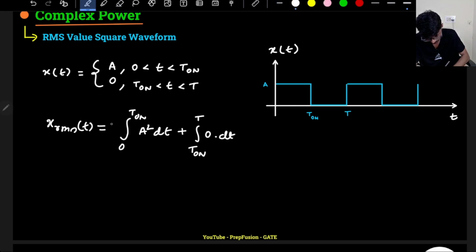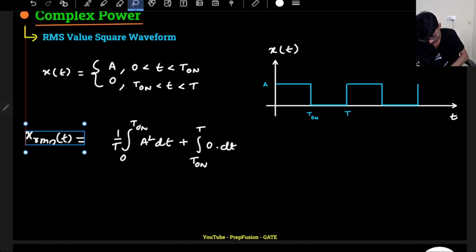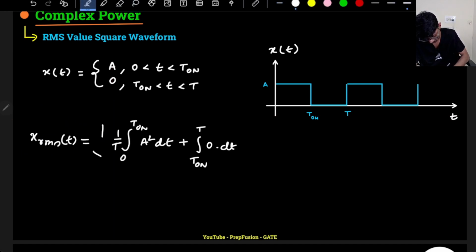And of course I first take the mean, then I take the under root.